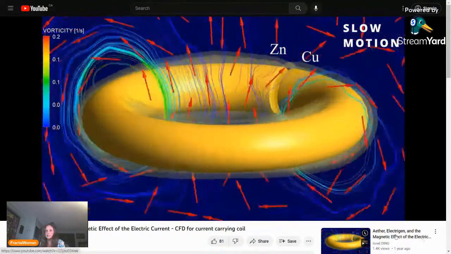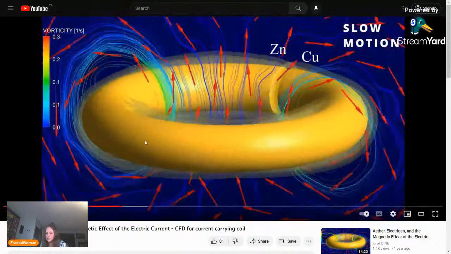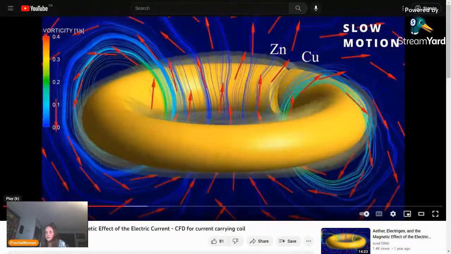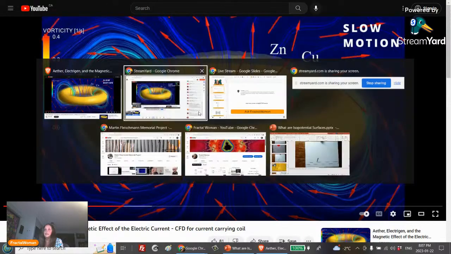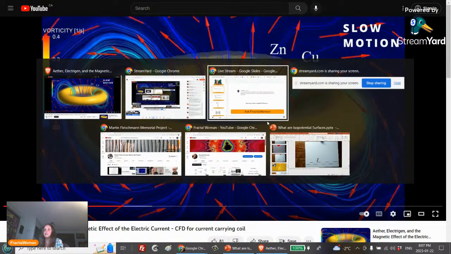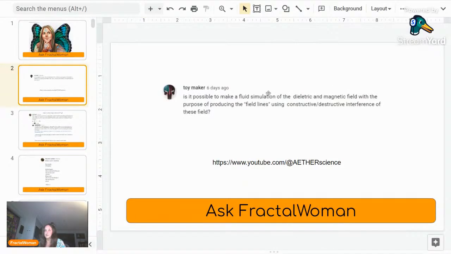Let me shut this down, go back to this screen here. Okay, you can check that out on your own, but I just wanted to show you that this, in fact, has been done. This fluid simulation of the dielectric magnetic field with the purpose of producing the field lines has been done by Yonel Dinyu.